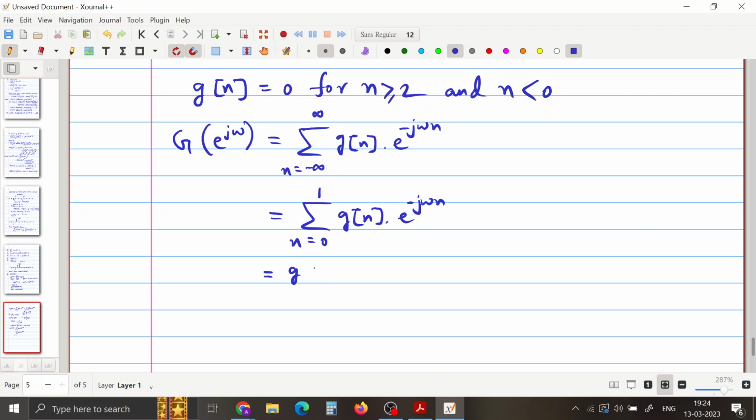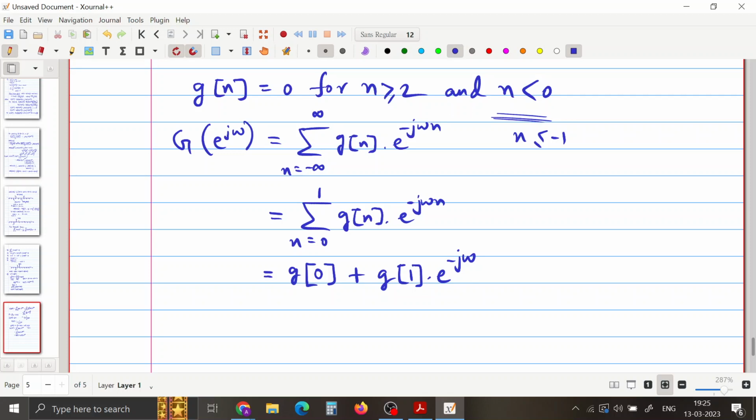And for n less than 0, it implies n less than or equal to minus 1. So this ultimately gives us this.